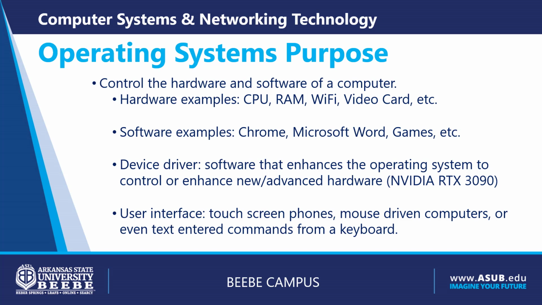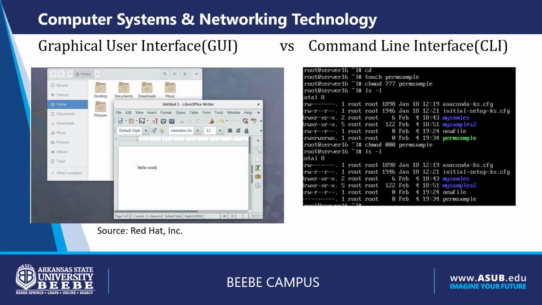Operating systems also provide a user interface. Examples of a user interface: the touch screen on your smartphone, a mouse-driven computer, or even text entered from commands on the keyboard. You are more familiar with touchscreen and graphical user interfaces, most likely. A graphical user interface, also known as a GUI, is pictured on the left.